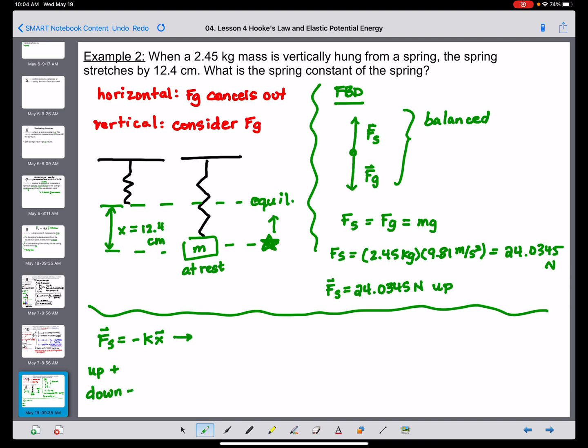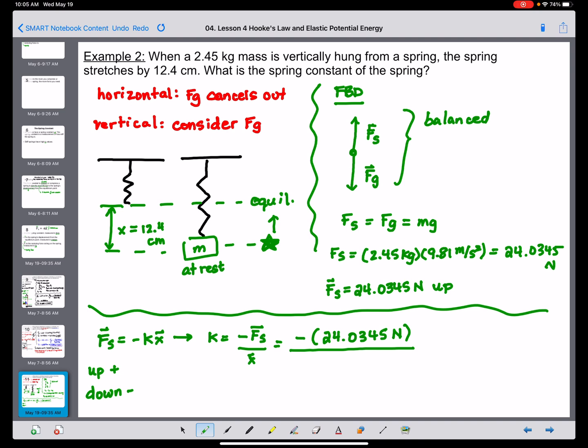And I'm going to rearrange for K. So K is going to be negative Fs, if I move the negative over to the other side, and then divide by X. Okay, so we have negative, and then Fs is 24 up. So inside the brackets, we're going to have positive 24, because up is what I'm calling positive.